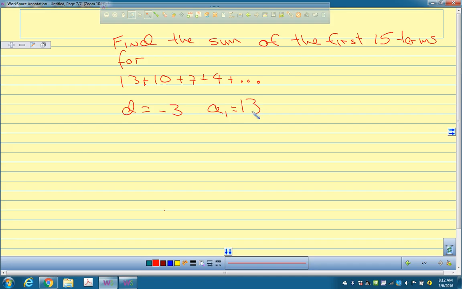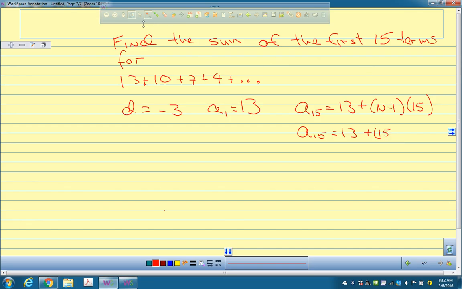So d we said was negative 3, and a sub 1 is what? 13, right? So I know that a sub 15 is going to be 13 plus n minus 1 times d.